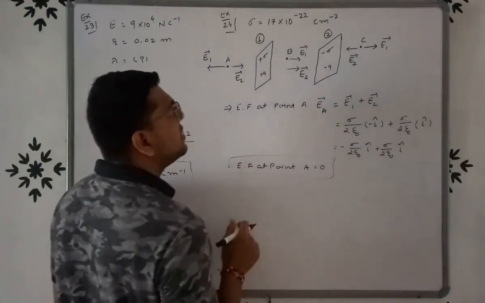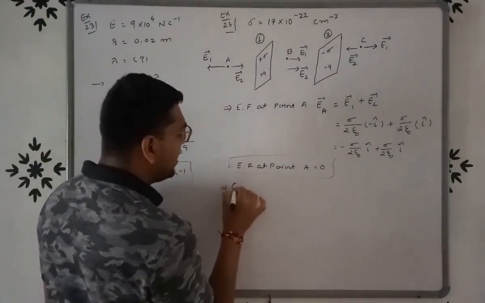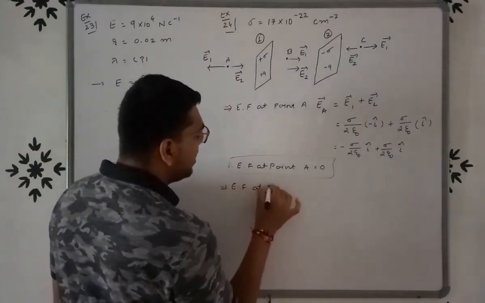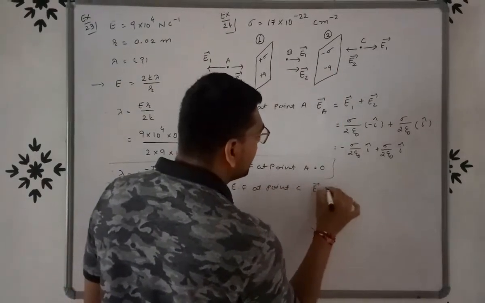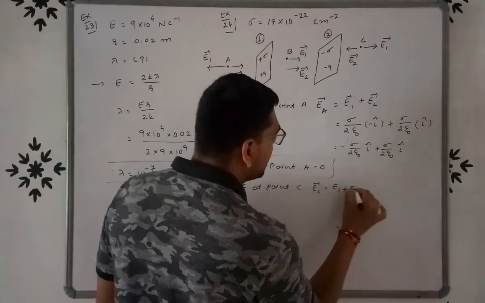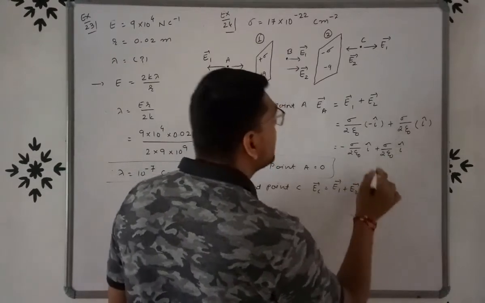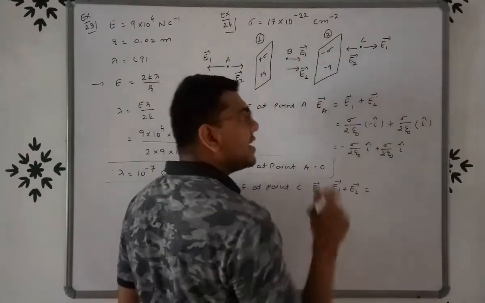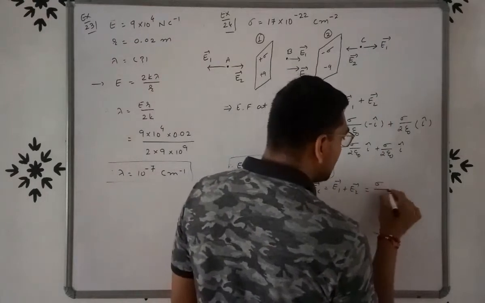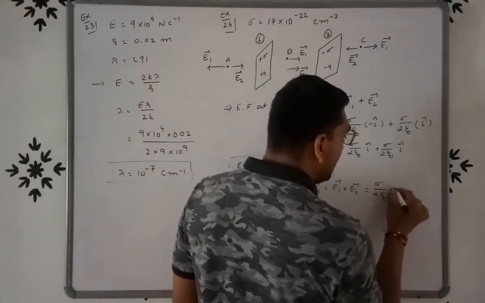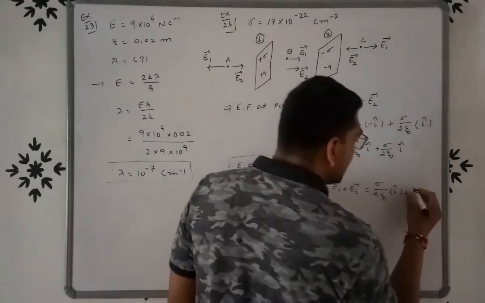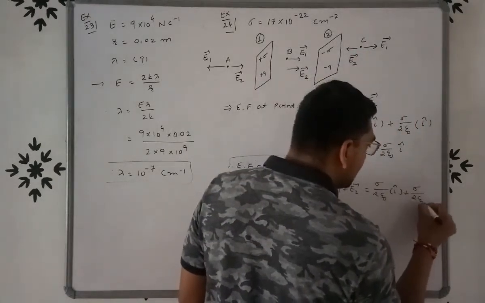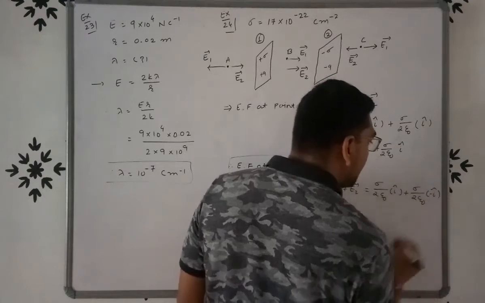Now outside the second sheet, that means the electric field at point C. EC is equal to E1 plus E2. Now see friends, E1 is in the positive x direction, so sigma upon 2 epsilon 0 i cap, plus E2 is in the negative x direction, so sigma upon 2 epsilon 0 minus i cap.